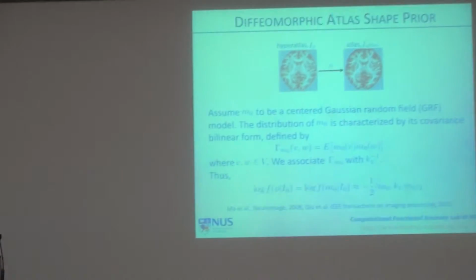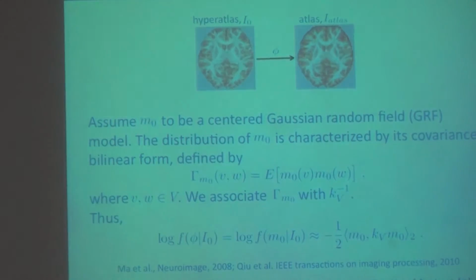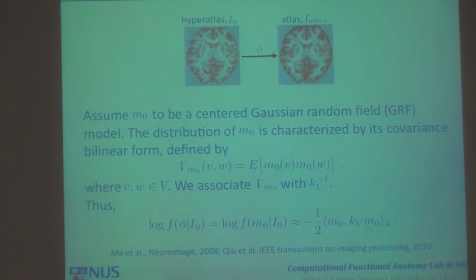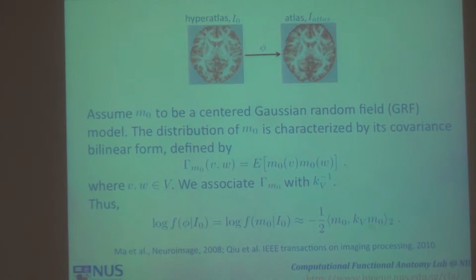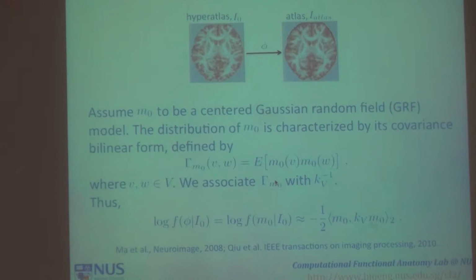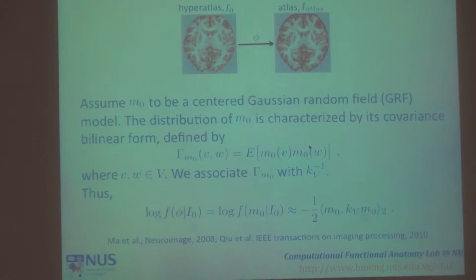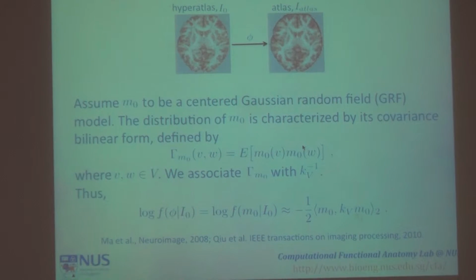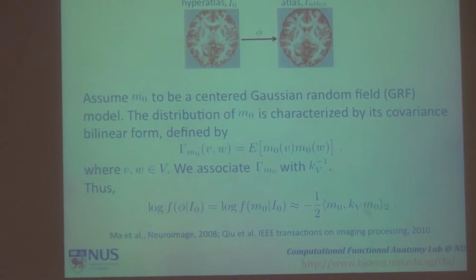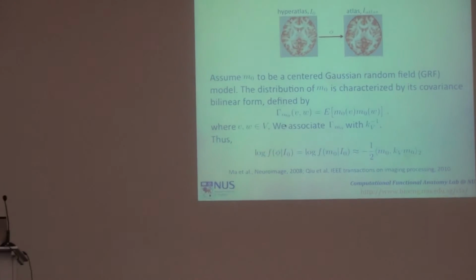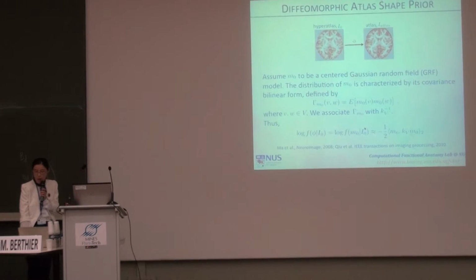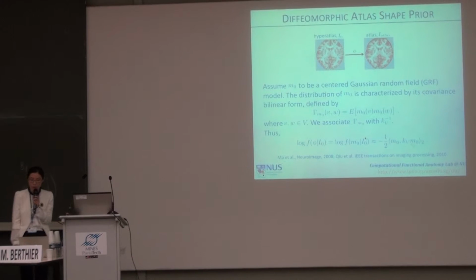We assume M0 to be a centered Gaussian random field, and the distribution of M0 is characterized by its covariance bilinear form defined in this equation down here. V and W are velocity vectors in the Hilbert space V. We associate this covariance bilinear form with the kernel inverse, which is consistent with our diffeomorphic mapping.